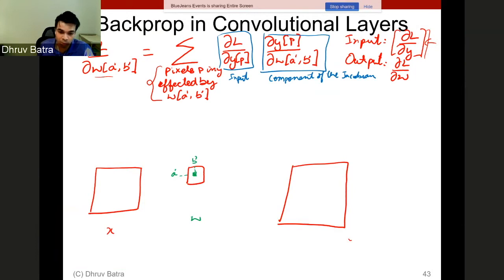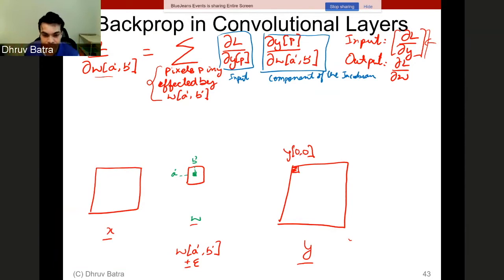So question for everyone. What are the pixels in Y? Notice this is the Y object, this is W object, this is X object. What we're asking is, if I go to W and I make epsilon perturbations to W A prime B prime, meaning that I add in plus minus epsilon, which pixels in Y do you expect to change? So let me first ask Y0,0. Do you expect Y0,0 to change if I make epsilon perturbations to W A prime B prime?